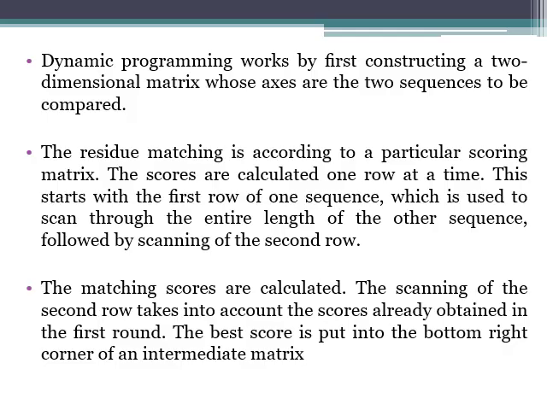This starts with the first row of one sequence, which is used to scan through the entire length of the other sequence, followed by scanning of the second row. The matching scores are calculated, and the scanning of the second row takes into account the score already obtained in the first round. Now the best score is put into the bottom right corner of the intermediate matrix.